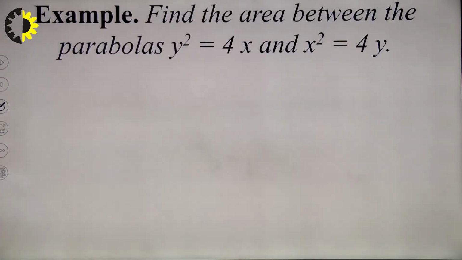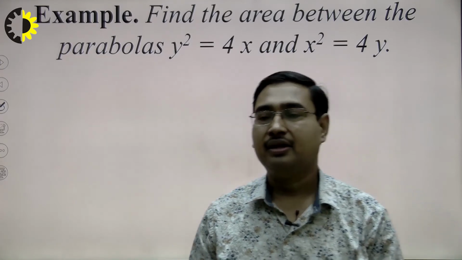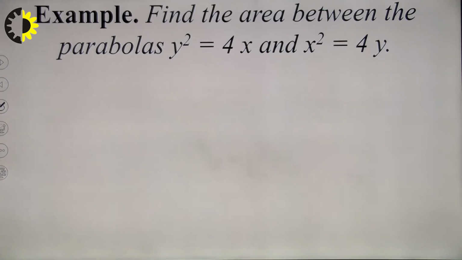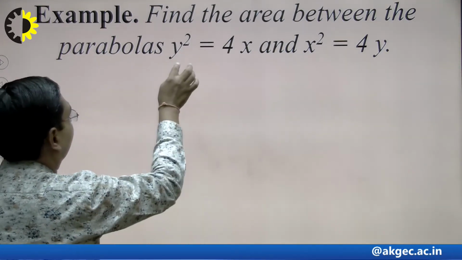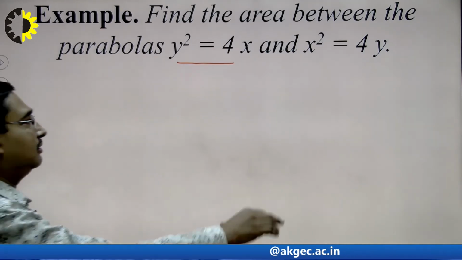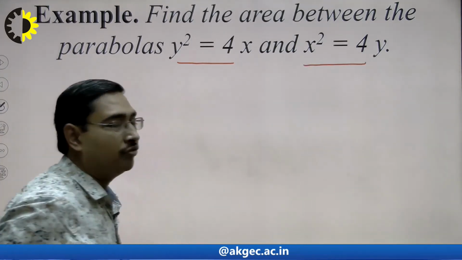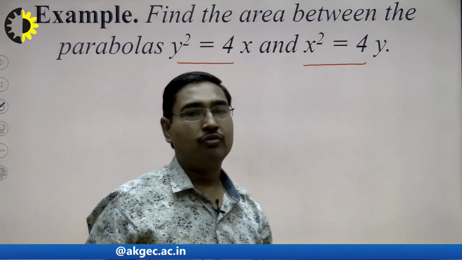Now, we take another example to find area by double integration. The example says, find the area between the parabolas y square equal to 4x and x square equal to 4y.